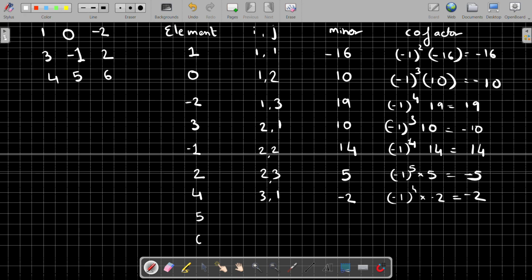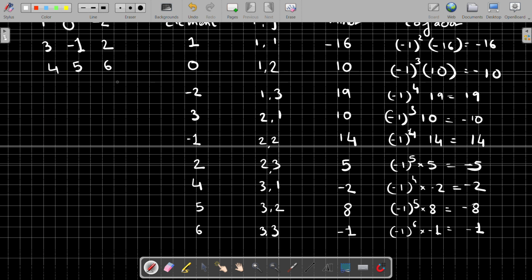Element 5 and 6, position 3 2 and position 3 3. For element 5, the minor is 8, and for element 6, the minor is -1. -1 power 5 into 8 will give us -8, and -1 power 6 into -1 will give us -1.